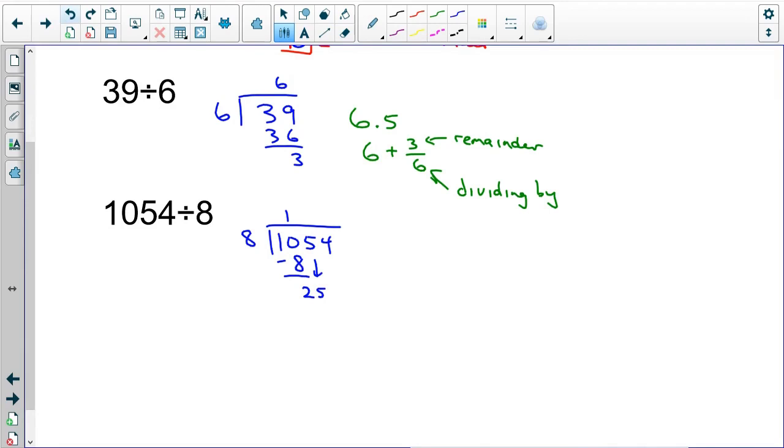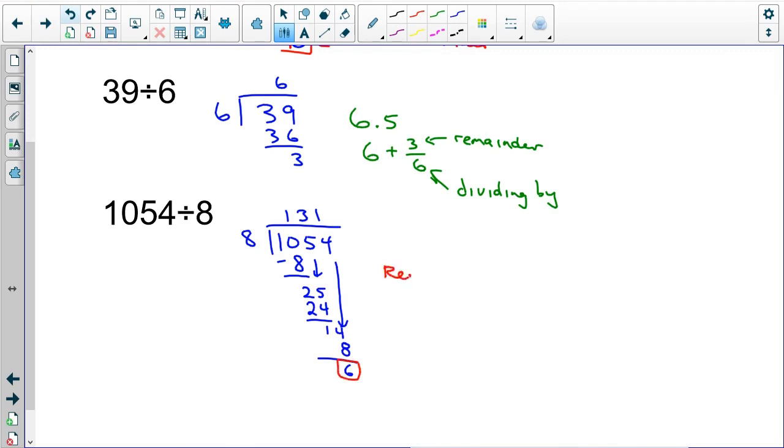This is the algorithm for what we do in long division. 8 times 3 is 24. I bring down the 4. And then 14 divided by 8 only goes in one time. So then I multiply 1 by 8 and I get 8, and I'm left with a remainder of 6.